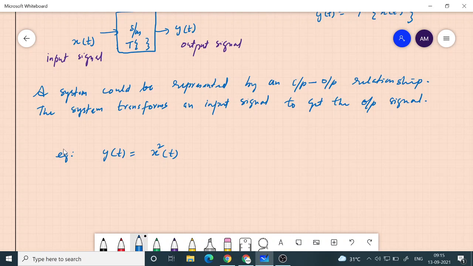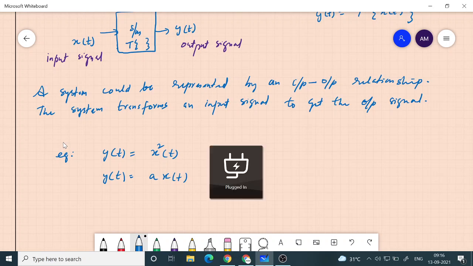Another very common example is this, an amplification. Basically we are taking a signal and just strengthening that signal. It's an amplifier.